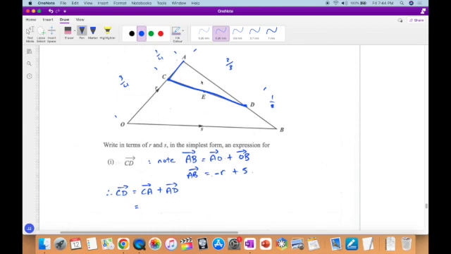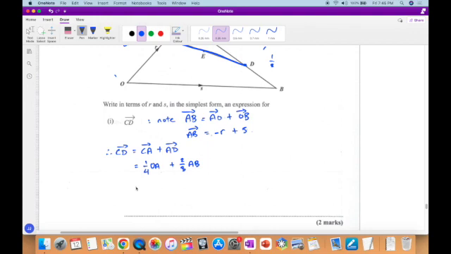And we see that C to A would be 1/4 OA. So that is 1/4 of OA plus A to D, which is 2/3 of AB.